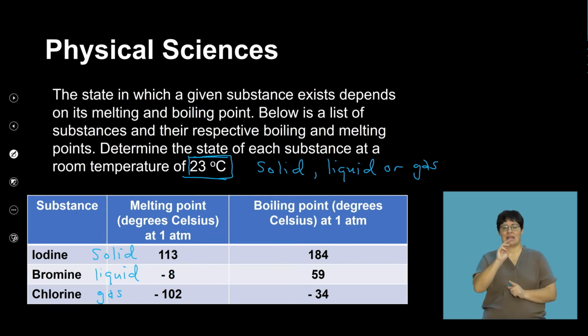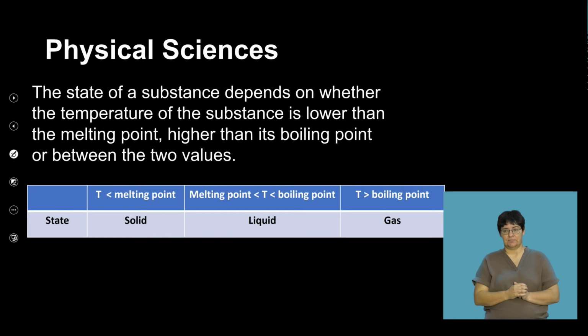Now, the long and short of this is that the state of matter is entirely dependent on the temperature at which that substance is given, and we also have to compare that to its melting and boiling point. If the temperature at which that substance is given is less than the melting point, then it will be a solid.